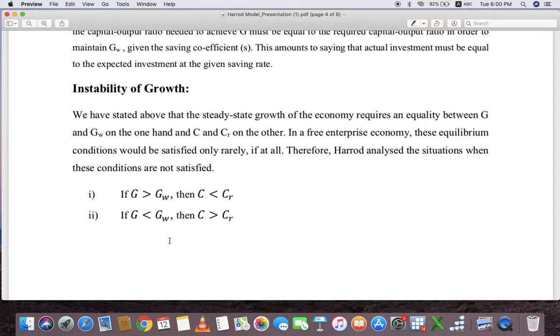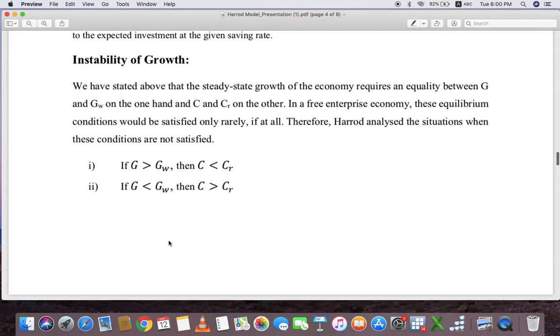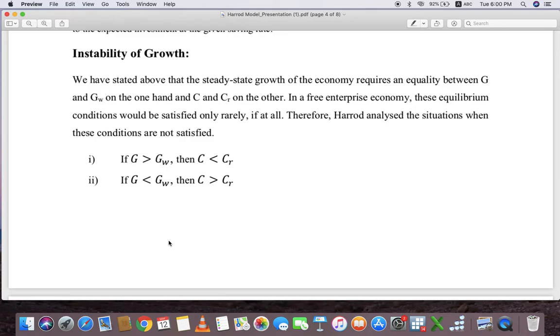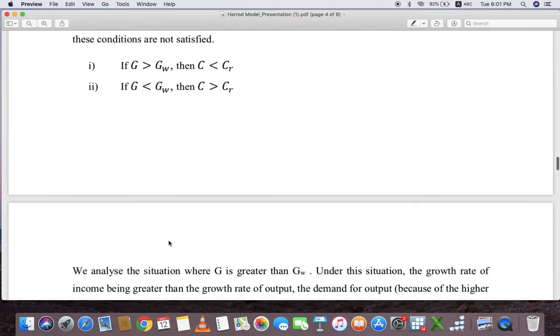So, Harrod analyzed the situations when these conditions are not satisfied. There are two cases: when actual growth rate is greater than warranted growth rate, then actual capital output ratio is less than required capital output ratio, and second, when actual growth rate is less than warranted growth rate, then actual capital output ratio is greater than required capital output ratio.